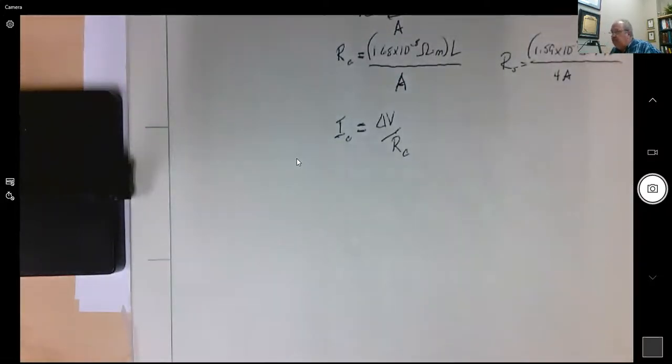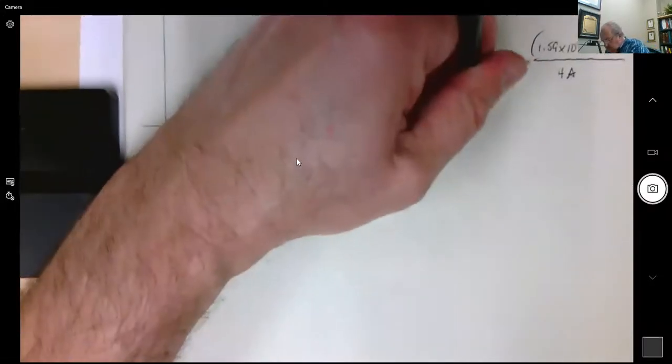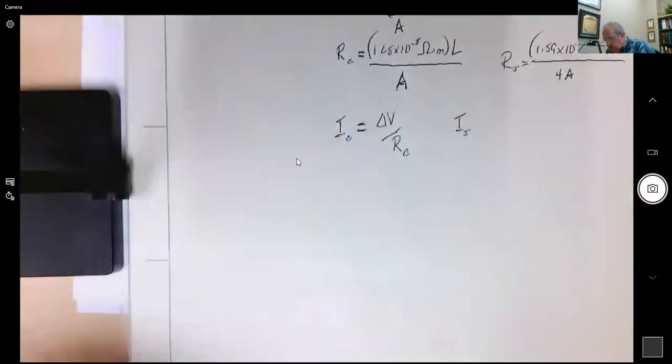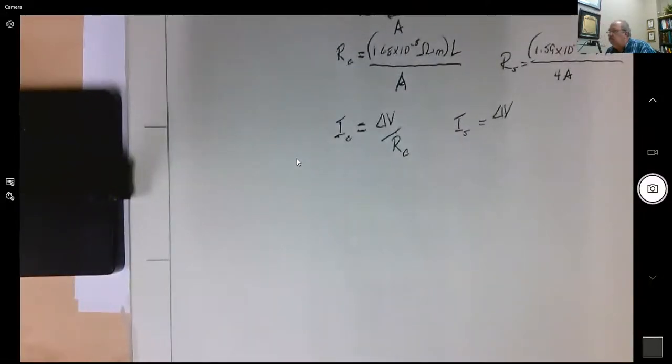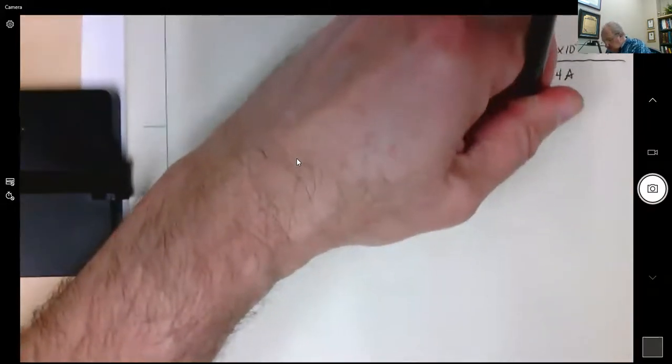And the current in the silver wire is equal to the change in voltage, which is the same in both wires, divided by the resistance of the silver.